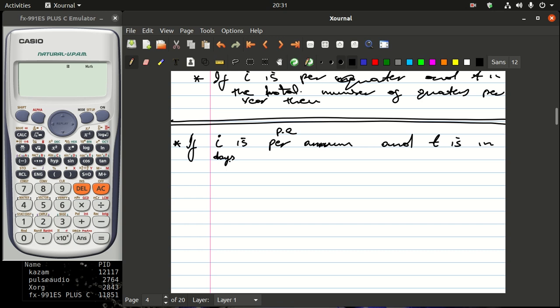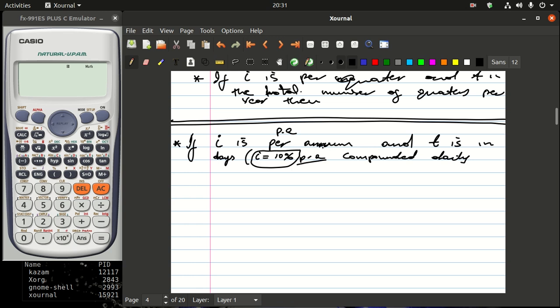What is usually asked, or usually given, is we just say I is 10% per annum compounded daily. Now we have daily, that is an issue, which means this interest is per annum, but t now is not the number of years.